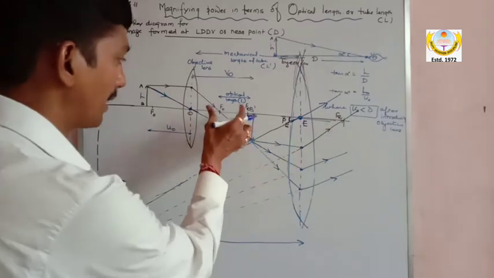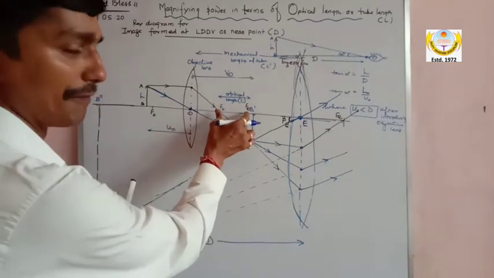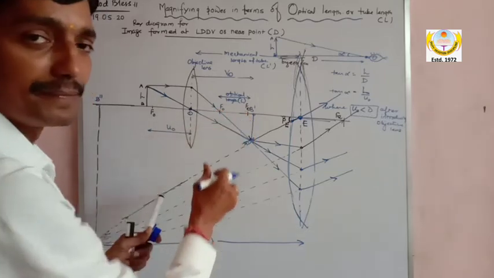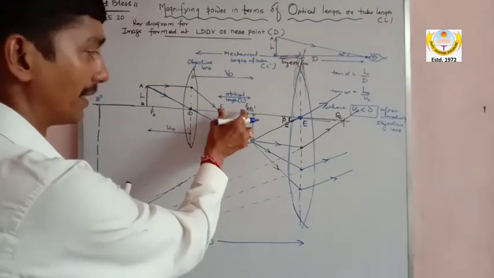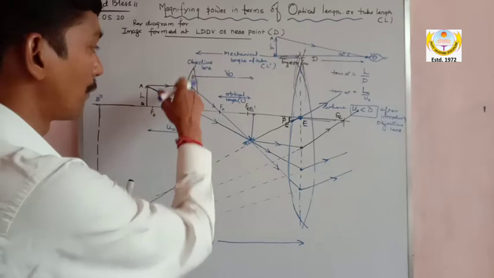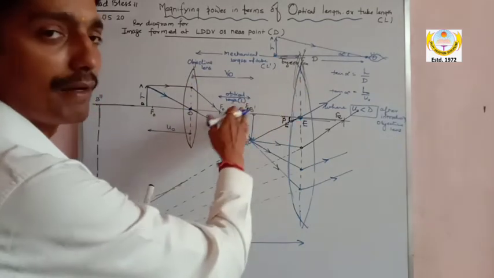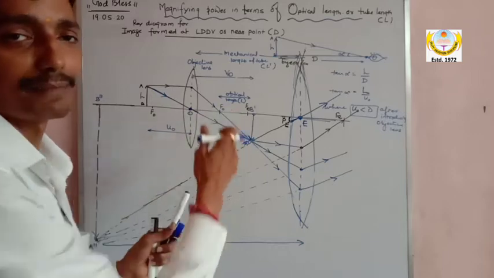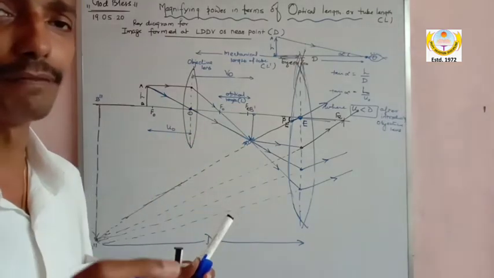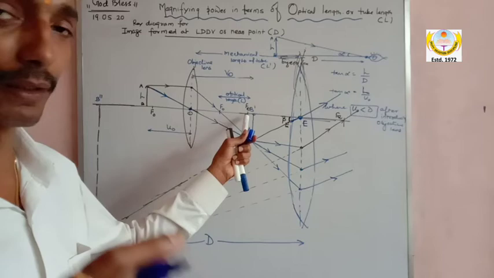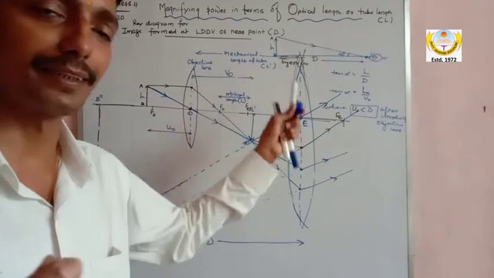So by looking at the diagram, what is optical length? It is the distance between the second principal focus of the objective lens and the first principal focus of the eyepiece lens. Clear?